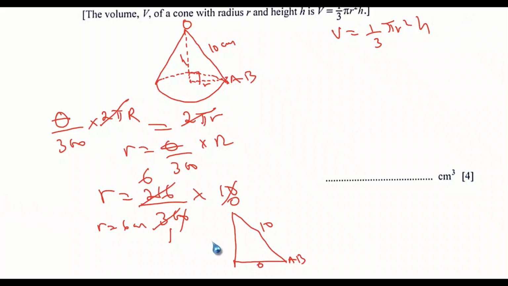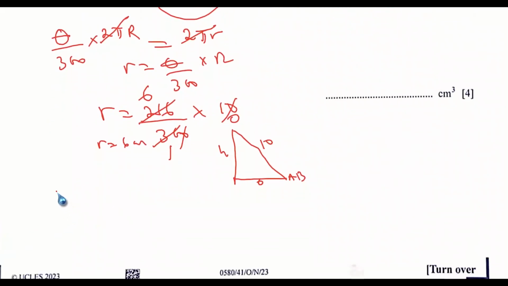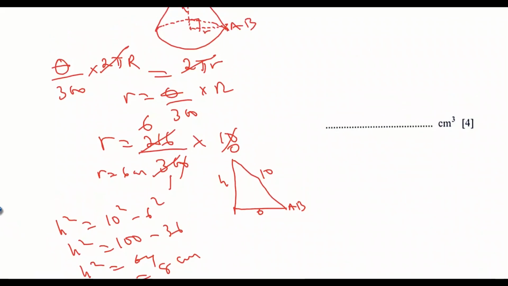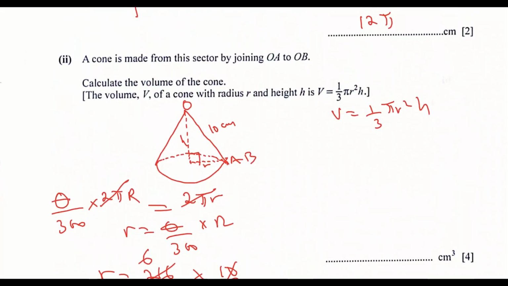So we can use Pythagoras theorem to get the height. Okay, so H squared equals 10 squared minus 6 squared. That will be H squared equals 100 minus 36, H squared equals 64, and that implies that H equals 8 centimeters. So that is the height of the cone.